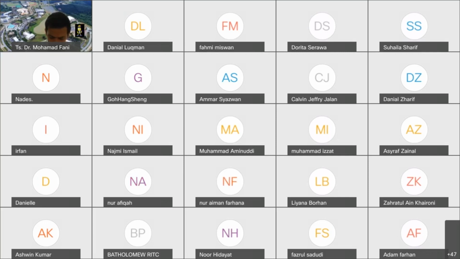Ada doktor. Nur Anissa Sofia. Tak ada. Nur Diana. Yes doktor. Sharifah Nurul Shakira. Ada doktor. Sri Ram Prabu. Ada, doktor.